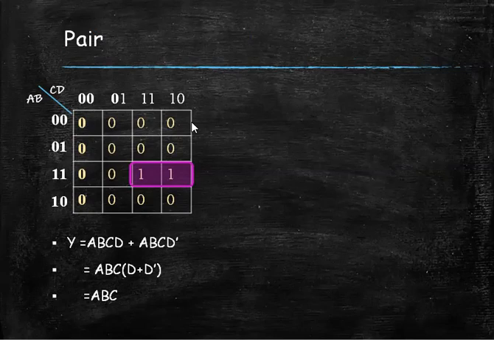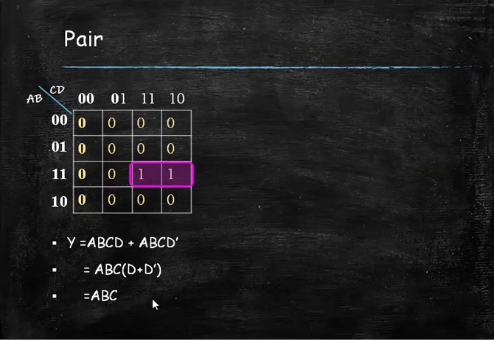In the theory, we say that if a variable changes its form, either complemented or uncomplemented, here D is converted into D bar, then we can avoid D. Then look at the result: when we move in the pair, we get only ABC.